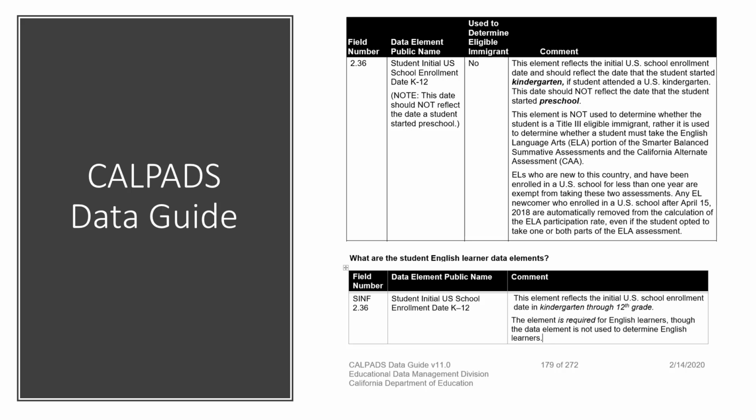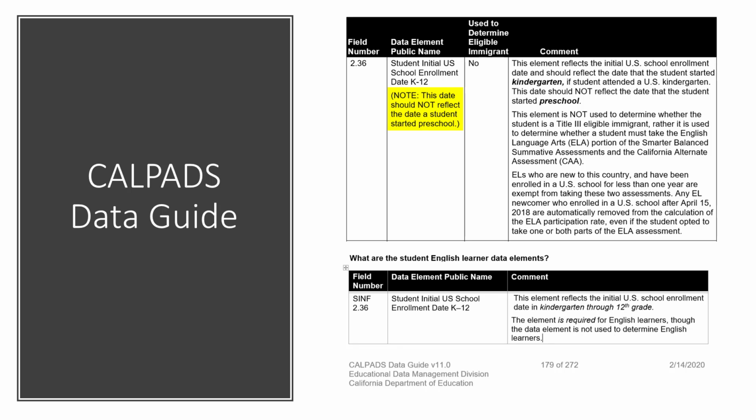And then the data guide is always a great resource. Here you can see there's two descriptions of that field element, and SINF 2.36 tells you that you can reference it in the CALPADS file specifications. You see field 36, definition, public name.